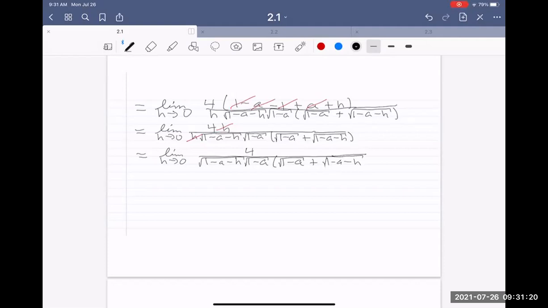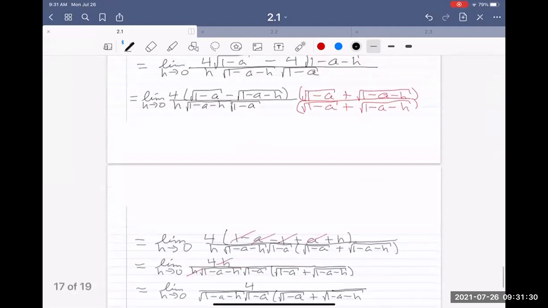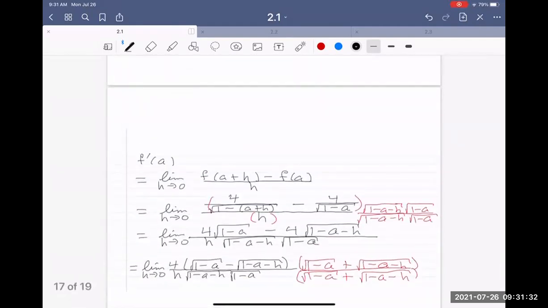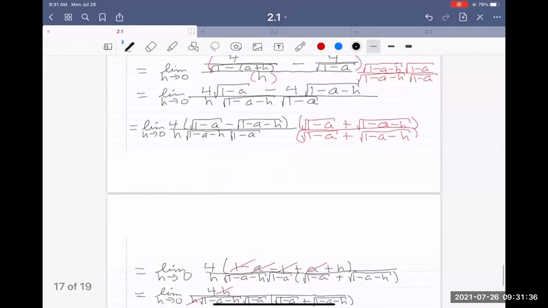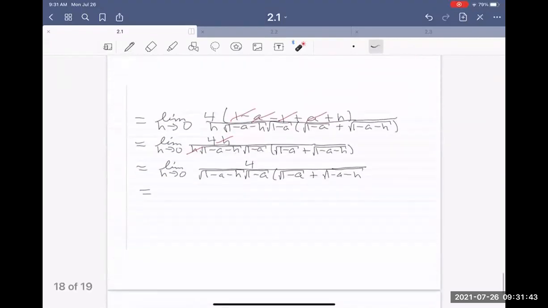Okay, so notice that up until now, if I would have plugged in h equaling 0, I would have gotten a 0 over 0. Here I have a 0 over 0. Still I have here a 0 over 0. Here I still have a 0 over 0.